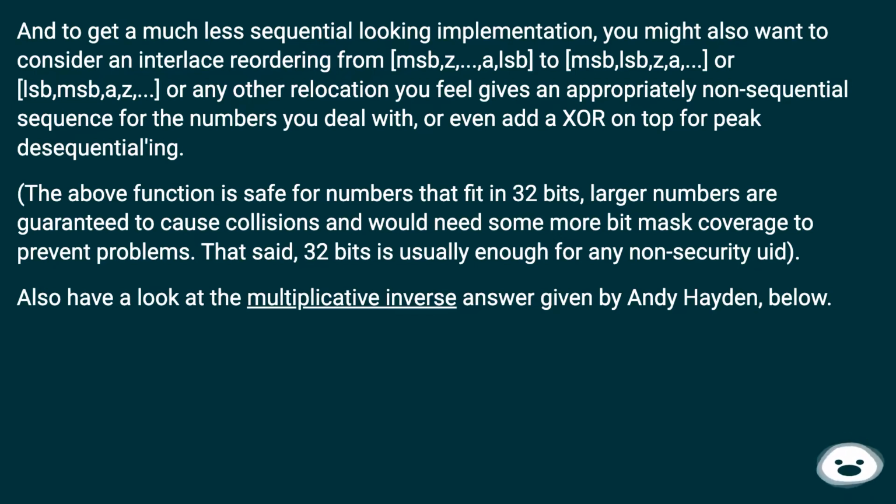The above function is safe for numbers that fit in 32 bits. Larger numbers are guaranteed to cause collisions and would need some more bit mask coverage to prevent problems. That said, 32 bits is usually enough for any non-security UID. Also have a look at the multiplicative inverse answer given by Andy Hayden, below.